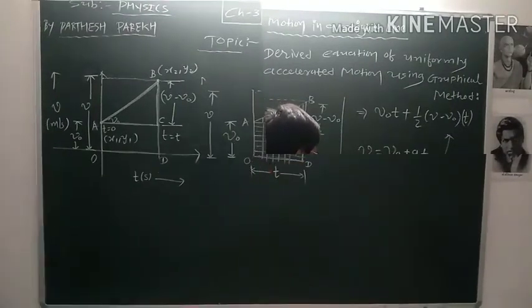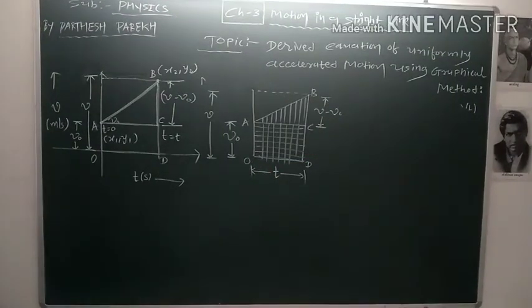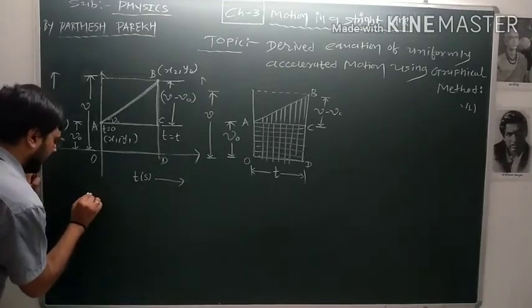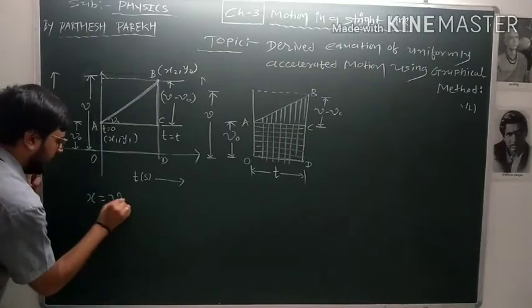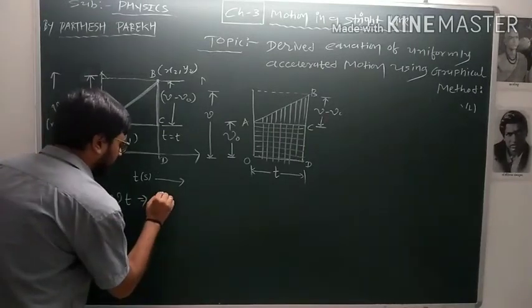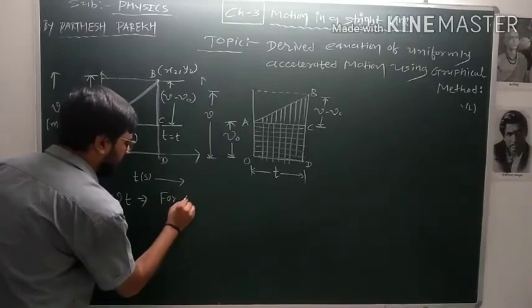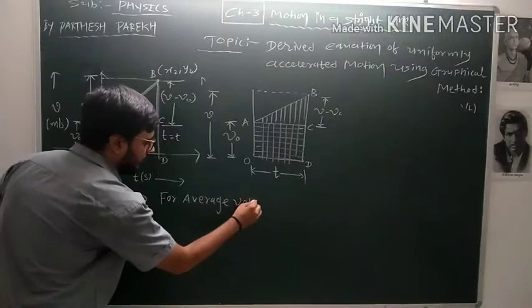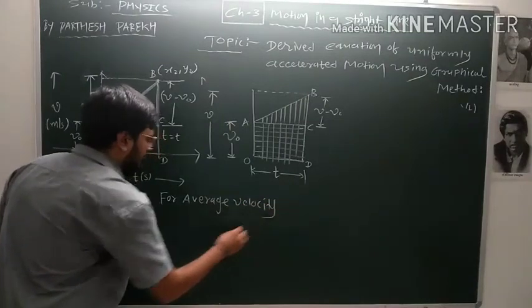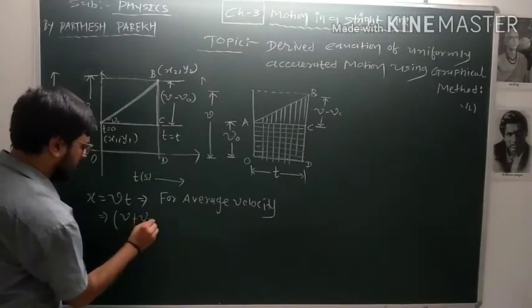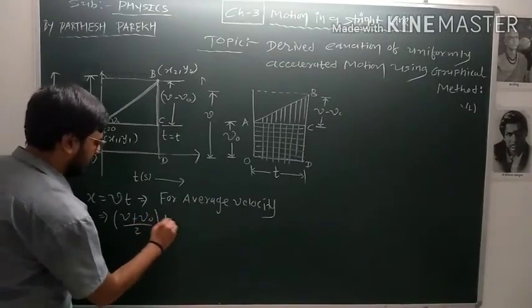Students, you know the average velocity formula. From it we can write x is equal to v into t, and for average velocity we can write x equals v plus v naught divided by 2 into t.